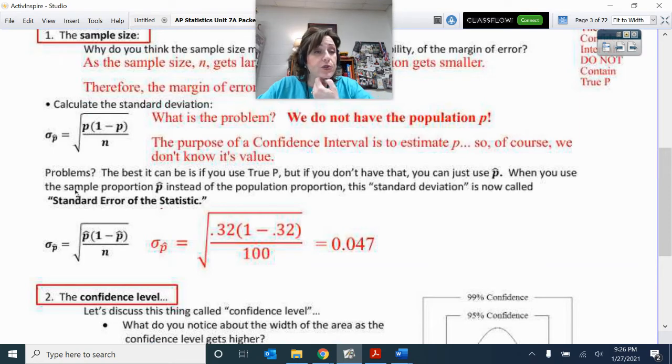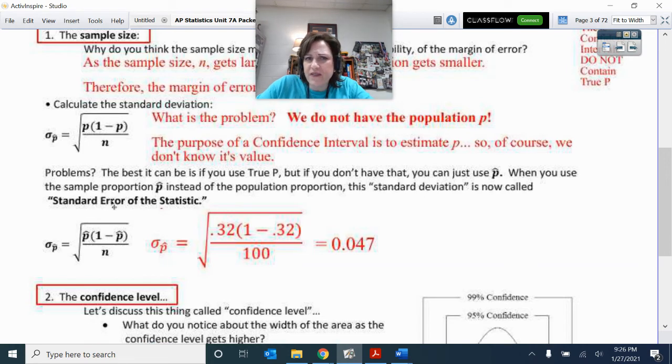Now, when you use your sample p hat instead of the population p, this is now called something a little different. It's just a little different wording, and we just want to be aware of it. It's not a major deal, but be aware that I'm using a sample to make this, and so it's a little off, okay? So it's the standard error of a statistic.